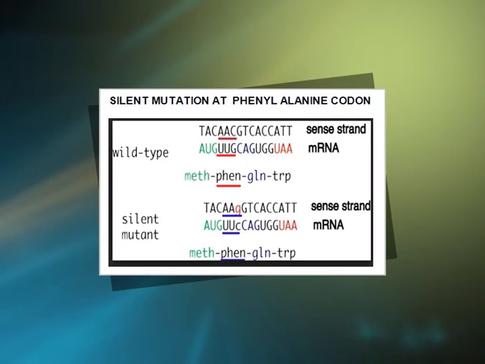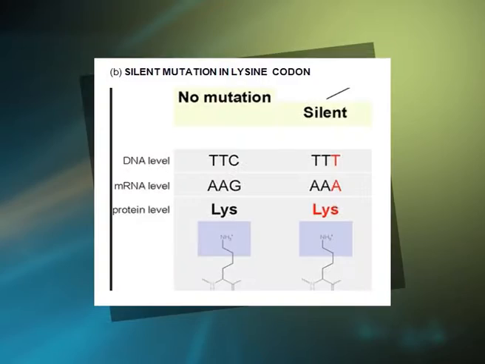Silent mutations tend to accumulate in the DNA of organisms. Then they are known as polymorphisms. Here in this figure, you can see a silent mutation occurring at the phenylalanine codon. In the next figure, you can see the silent mutation in the lysine codon.